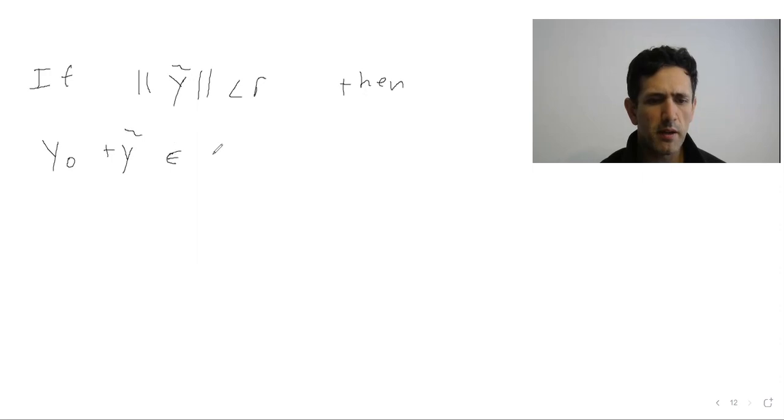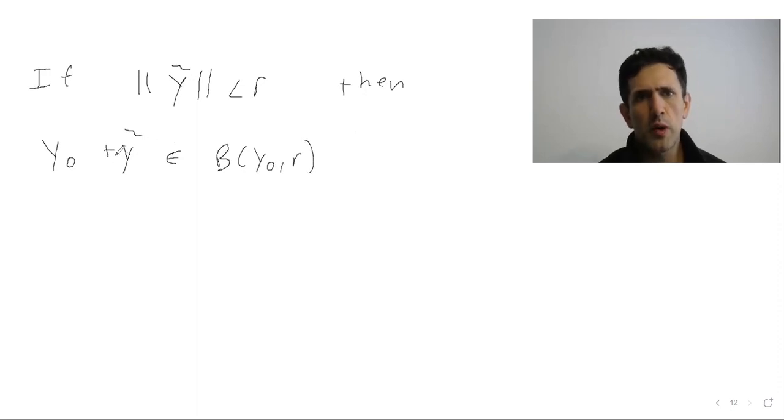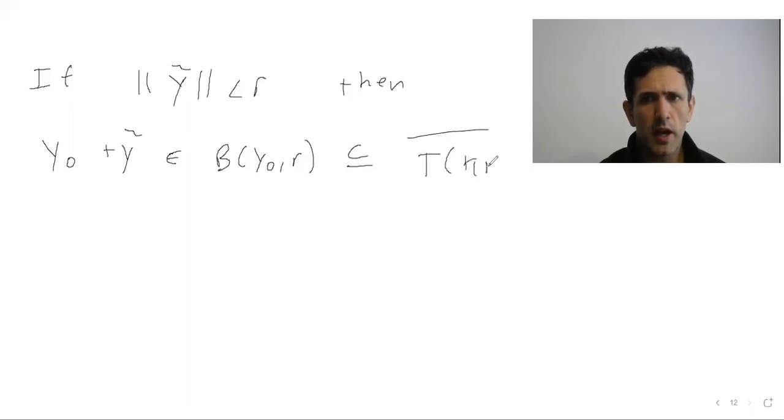So this is kind of my let's-exploit-linearity trick. Well, this is trivially true. Take the norm of y0 plus y tilde minus y0, that has norm less than r, because y tilde has norm less than r. So that means this here is a subset of the closure of T of the ball of radius k in X.